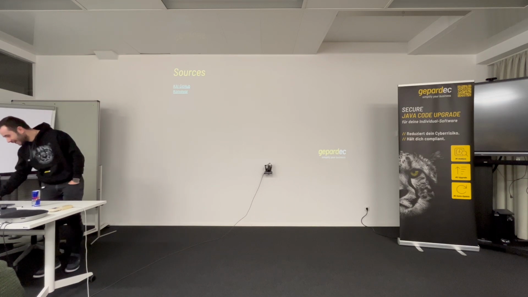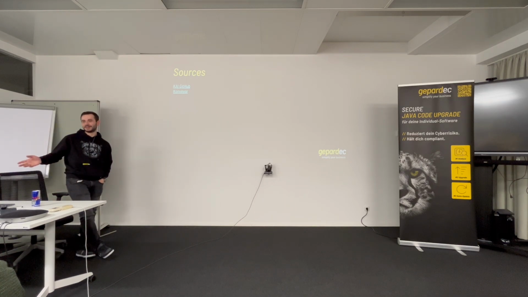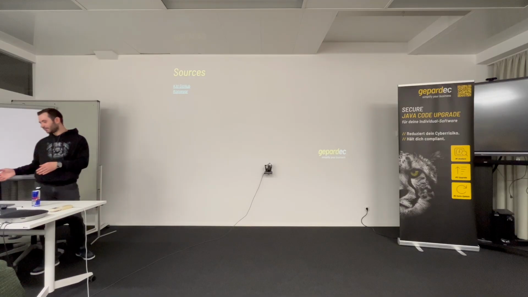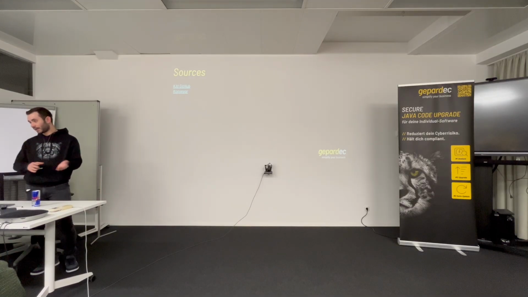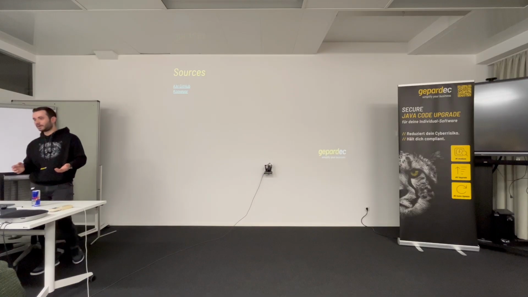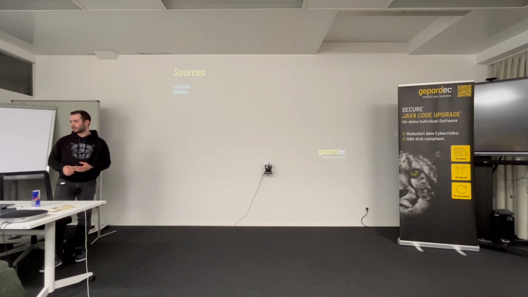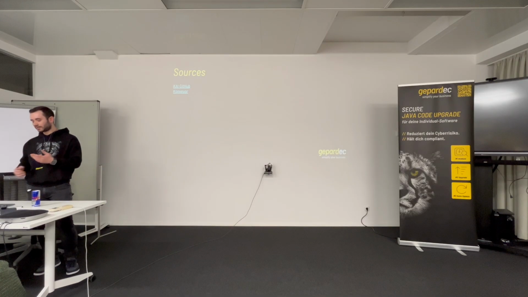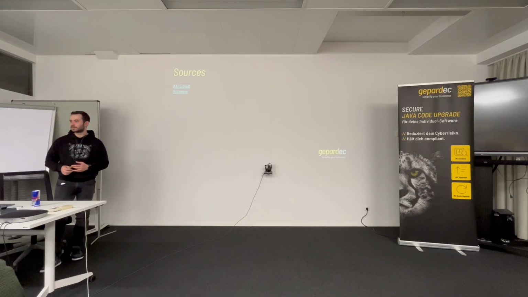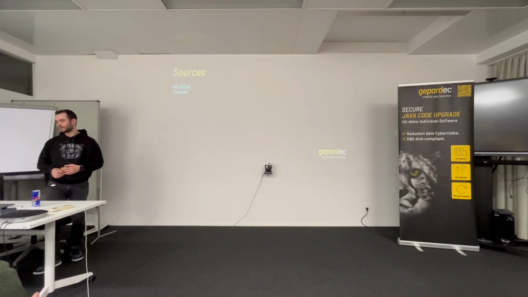No, okay. Konveyor is the upstream from MTA, and they have KAI as well, which is called Developer Lightspeed. Red Hat themselves are the biggest contributor to the project currently. They are also a partner of ours, or we are a partner of them.